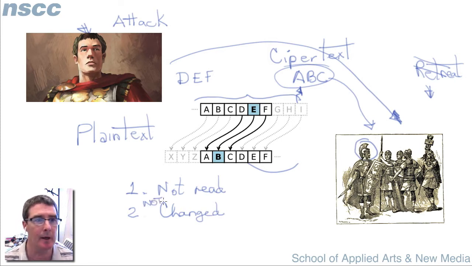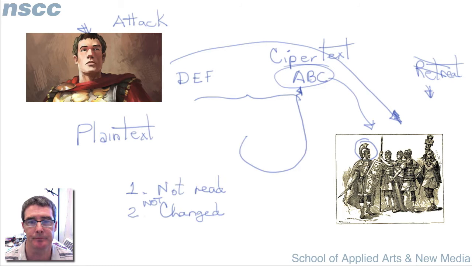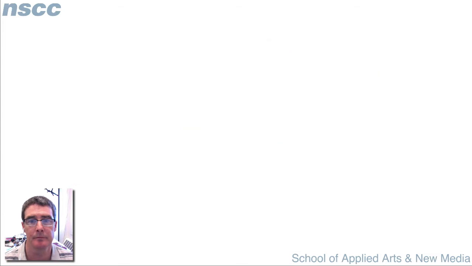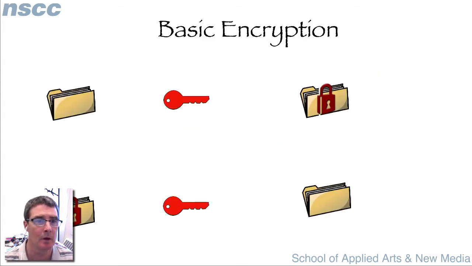So let's look at a couple of systems which are widely used in digital systems to encrypt information. We'll look at this basic encryption system here, where we have some information which we'll call our plain text.